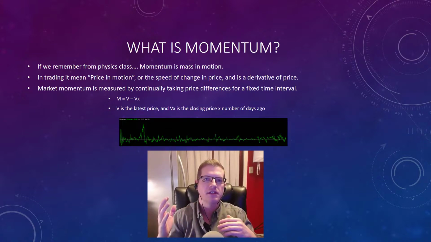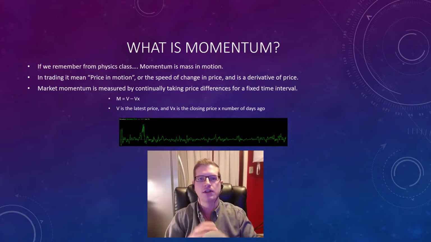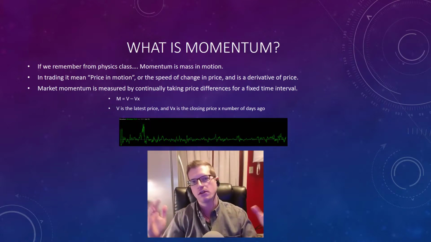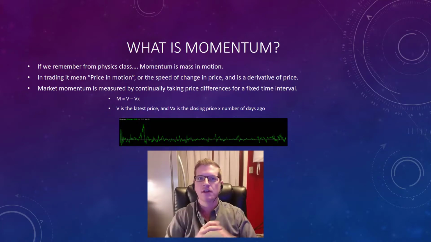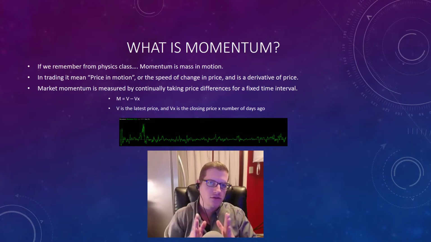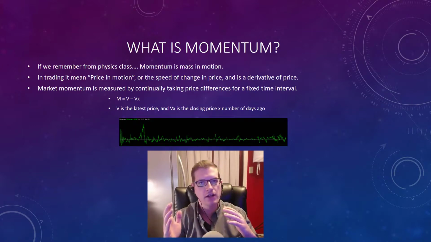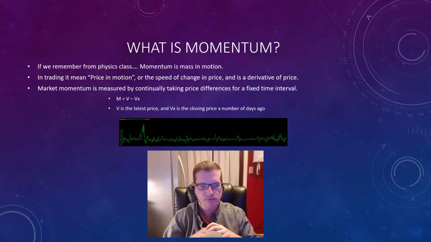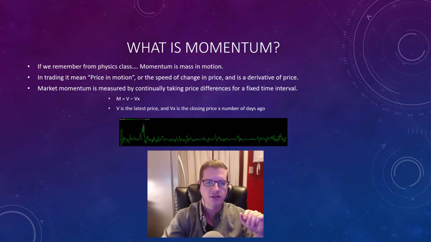Commonly in momentum we use 10 periods for that X, but you can stretch that out to 20 or 30 periods, 100 periods, if you want to smooth the data out, if you're looking at longer term price changes, or you can close it up if you want to make it faster, which I don't recommend. 10's pretty quick.